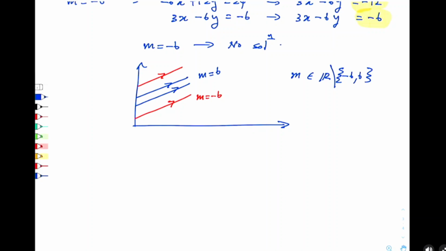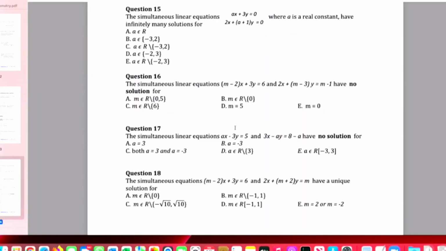Last question on this. Question number 16. A is the answer. So how to get it? I'll show you how I did that.